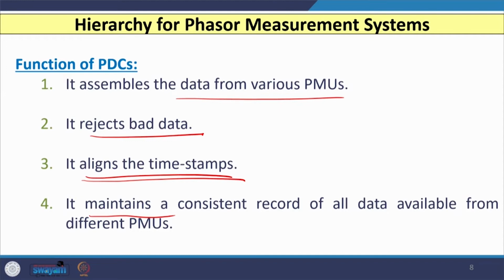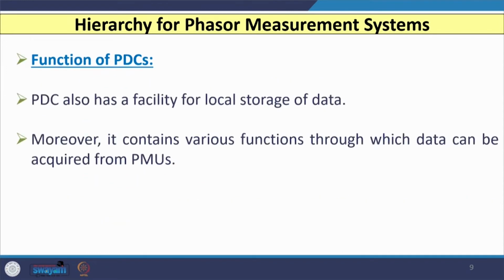So, this is also done by PDC. Moreover, PDC also has a facility of some local data storage. So, some important data can also be stored by PDC, and along with that it also contains various functions through which data can be acquired from PMUs.